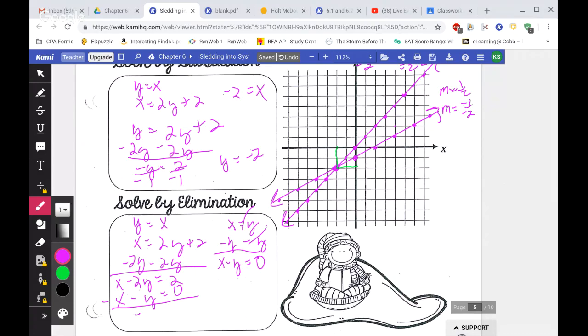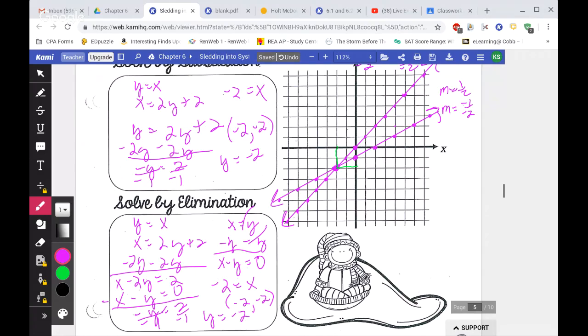So that gives me negative y equals 2. Divide both sides by negative 1. And I get y equals negative 2. And then you kind of go back into substitution. And so you get the same thing, negative 2, and then up here I got negative 2, negative 2. That one was a tricky one. Good one to ask questions about.